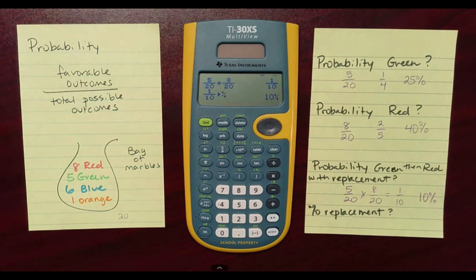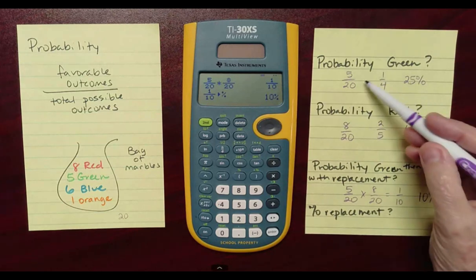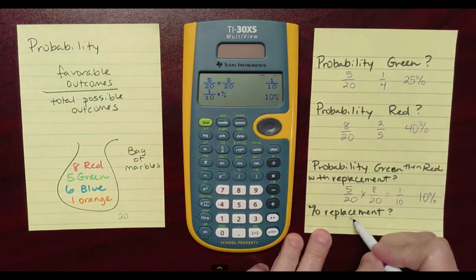Now the phrase without replacement means that we don't put the marble back in the bag after the first draw. And what that does is change the total number of marbles in the bag. So let's suppose we're still going to do green and then red, but now we're going to find it without replacement. My first marble I pull out, the green, is still the same, 5 out of 20.